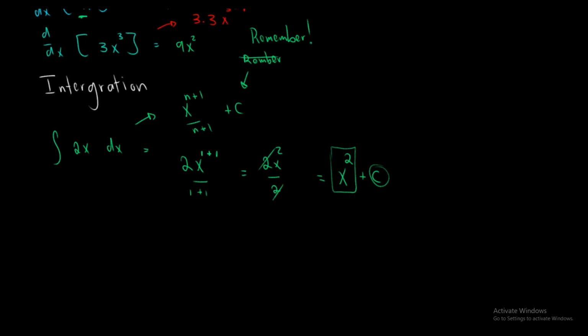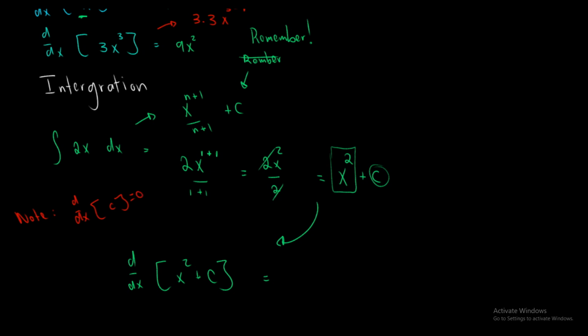So let's reverse this one now. Let's find the derivative of x squared plus c. Well, we know the derivative of any constant is 0. So let's make a note that the derivative of a constant is equal to 0.